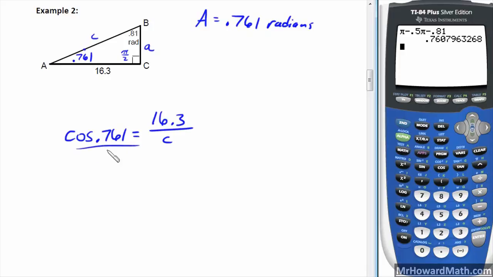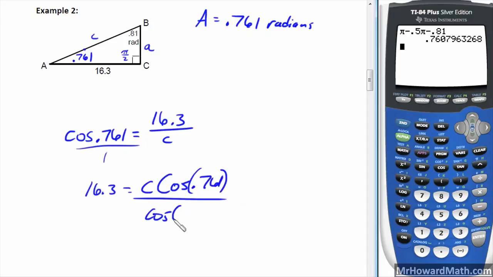So if we just put this over 1 and cross multiply, we get 16.3 equals c cosine of 0.761 radians. So then we divide by cosine of 0.761 radians on both sides.